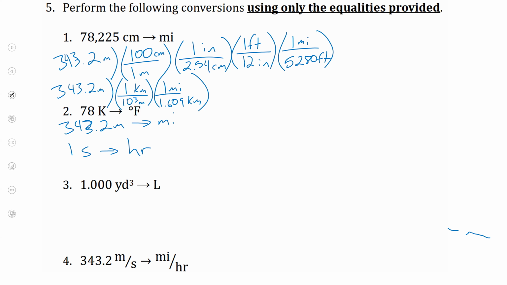Both of us should give us the same answer within sig figs. Times 100 over 2.54 over 12 over 5,280. 0.2133.